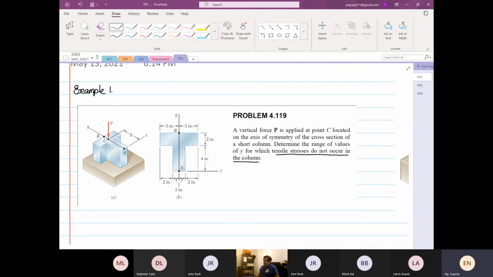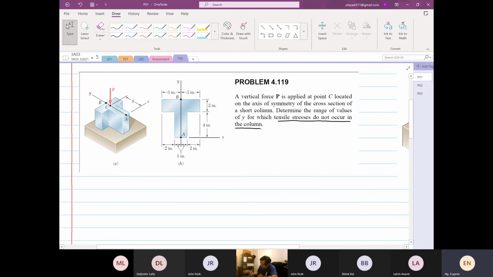If you look at this problem, we have to ask ourselves what kind of problem this is. The problem, as you can see, is eccentric symmetrical loading.